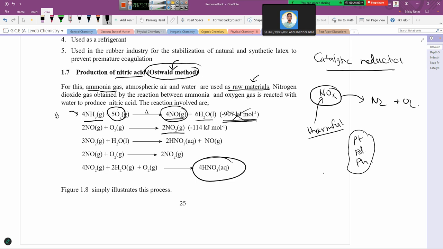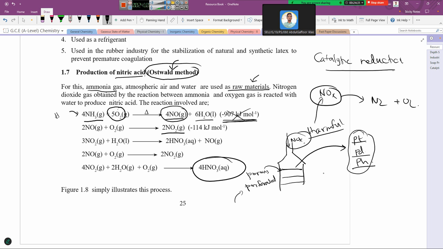It is a setup like this. Let's say the NOx gas comes from the engine, and here we have some layers. These layers are perforated. Perforated means having holes. These layers are made up of the metals platinum, palladium and rhodium.